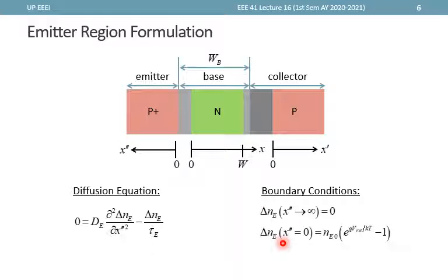At the edge of the depletion region, at x double prime equal to 0, we'll use the law of the junction, specifically using VEB. Note that the applied voltage is VPN, and at this junction, the P side is the emitter, the N side is the base.